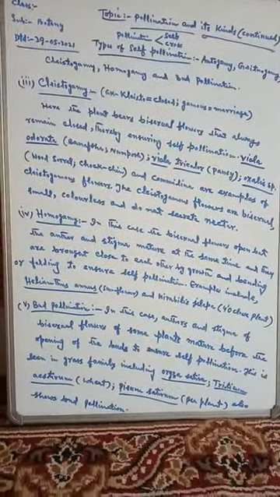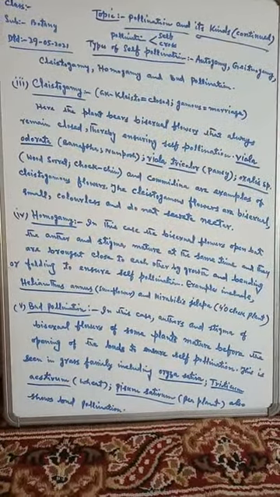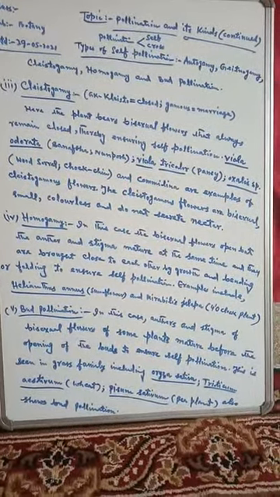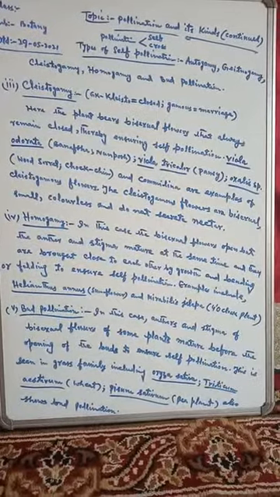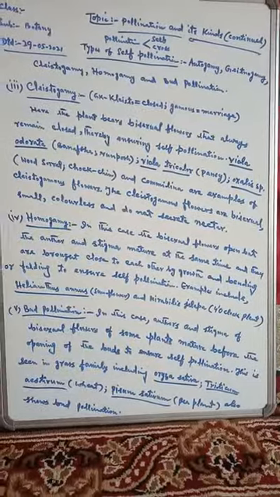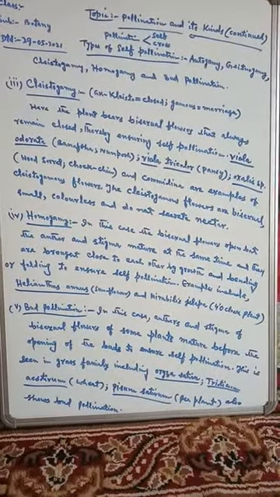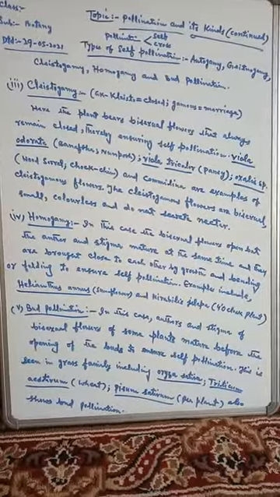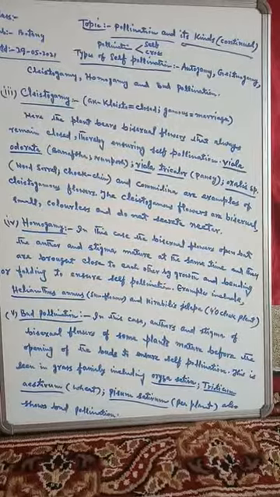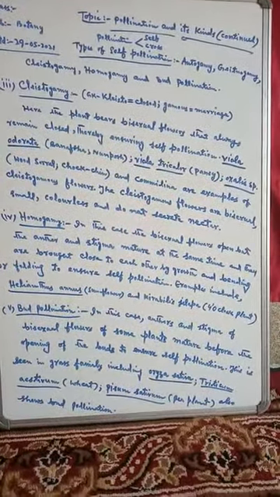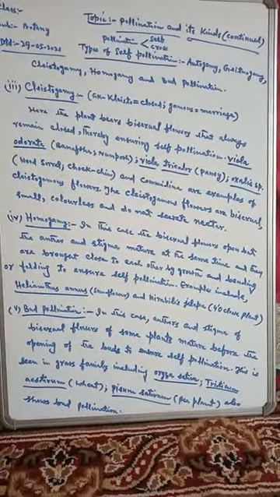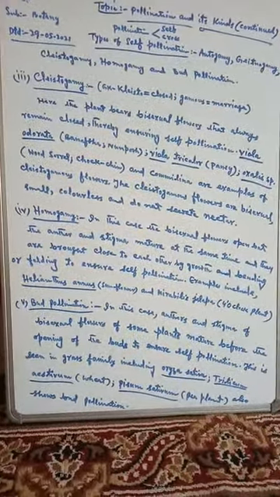So dear students, here in homogamy, the bisexual flowers do not remain closed but open, but the anther and stigma mature at the same time, and they are brought close to each other either by growth or by bending or folding. Then they ensure self-pollination.